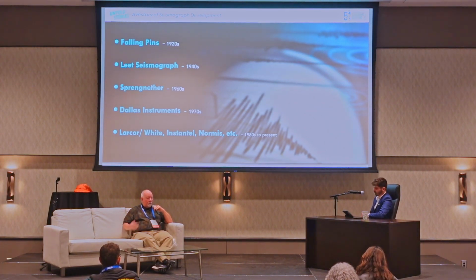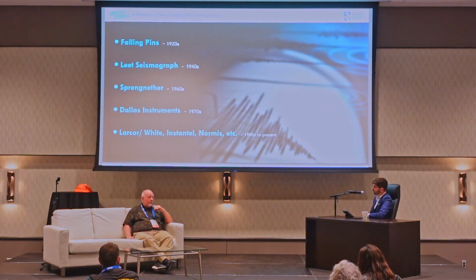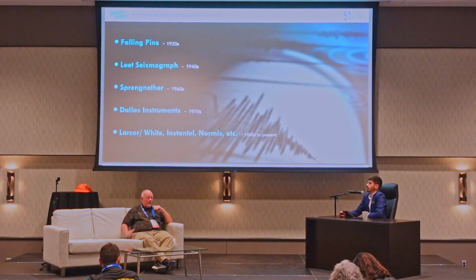They were what I was brought up in the business in. That's what White used at the time. And then once we got into the 80s, into the development of digital seismographs, we had us and Instantel and Nomas, and there probably were a couple of others that I'm intentionally not mentioning any names, but that's kind of what I'm familiar with.